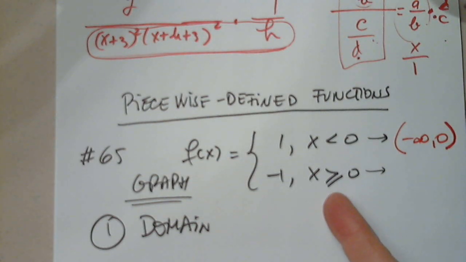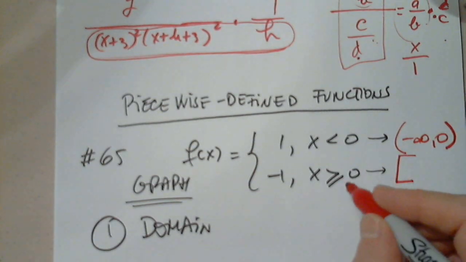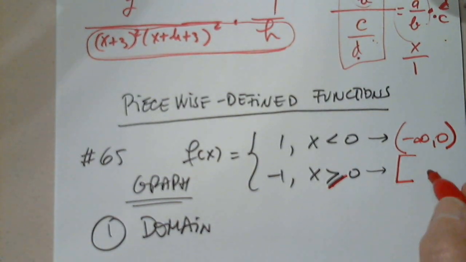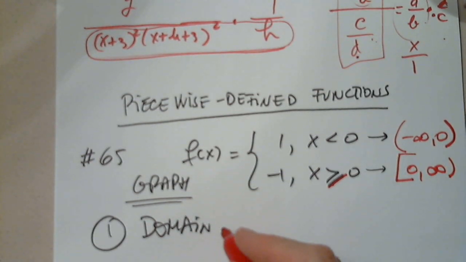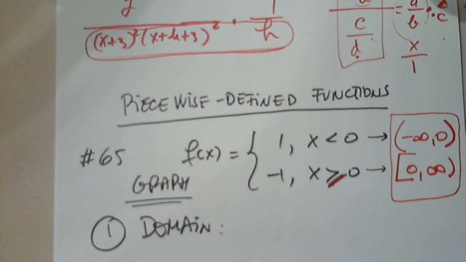Awesome. What about the interval notation for this one? 0 with a bracket, because it's including 0, to infinity. Good. So can anyone look at these together and tell us the domain of this function?